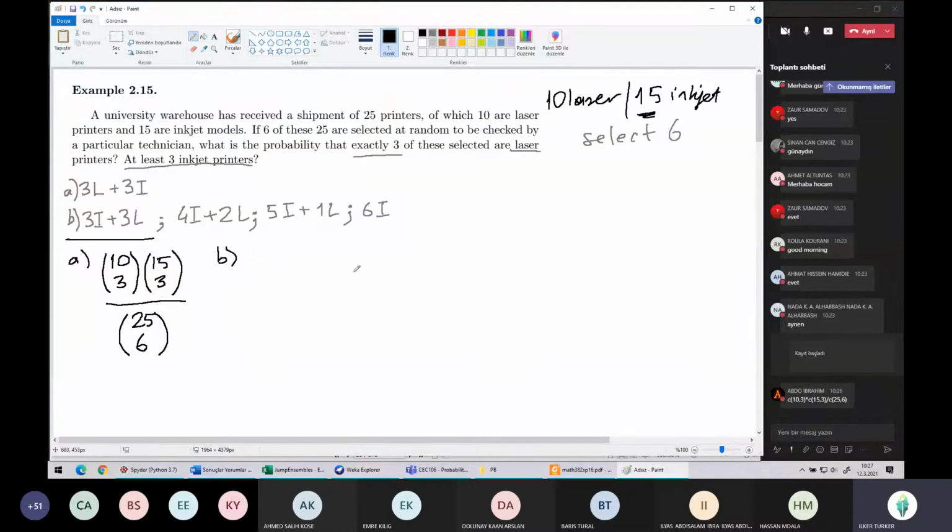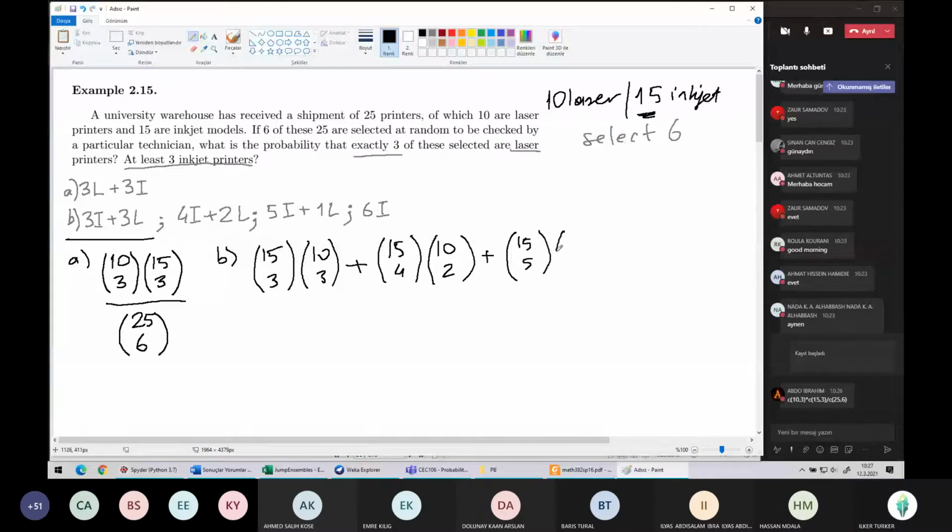Inkjet is 15, you see. 15 combination 3, 10 combination 3, plus 4 inkjet and 2 laser, plus 5 inkjet and 1 laser, plus 6 inkjet.